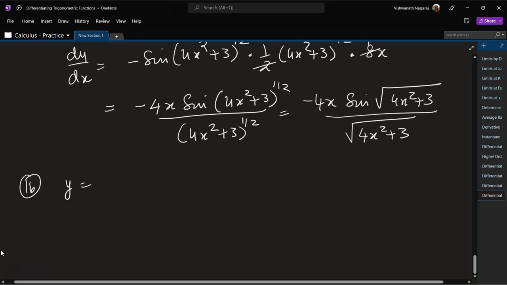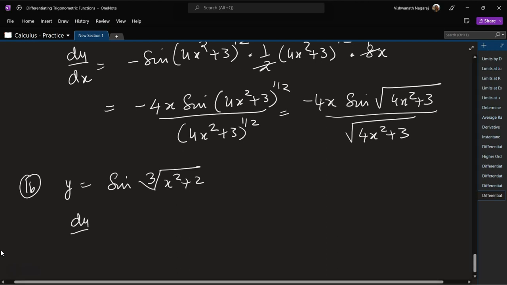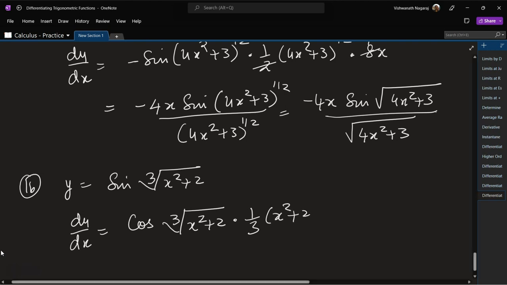Y is equal to sine of cube root of x square plus 2. So dy by dx is equal to, sine is cos, so cos of cube root of x square plus 2 times, now we have to take care of the cube root, so 1 by 3 times x square plus 2 to the power of 1 by 3 minus 1.